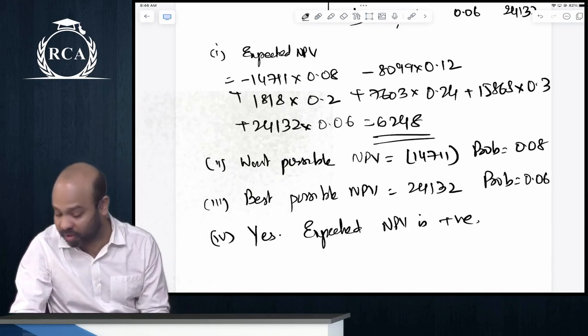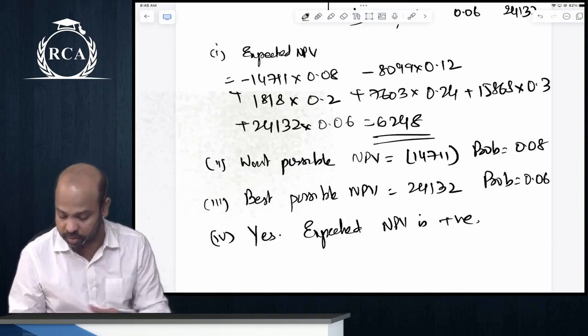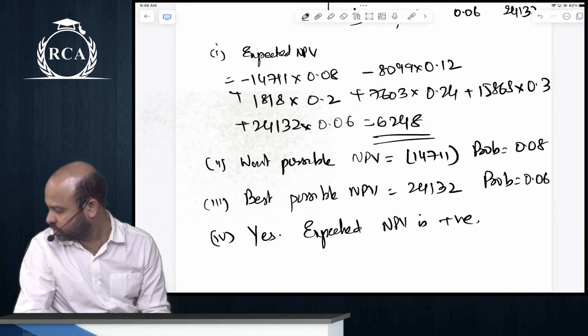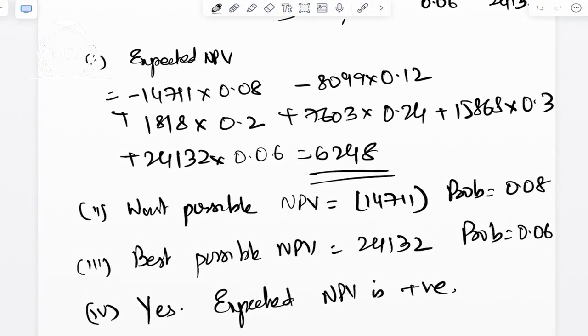Jaldi likho beta conclusion and then let us start question number 28. Online students, I hope you are all clear beta. क्या इसको भी साफ कर दिया? Yes, beta.